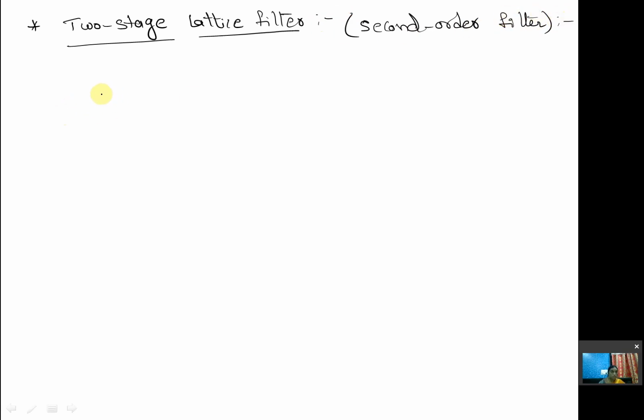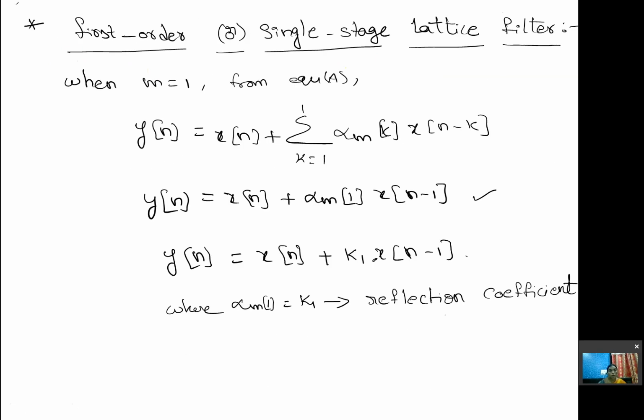See this, first, what is y of n here? First one is x of n plus, next one is alpha m of 1, x of n minus 1. Here, of course, m is equal to 2. Am I correct? Here also, m is equal to 1.